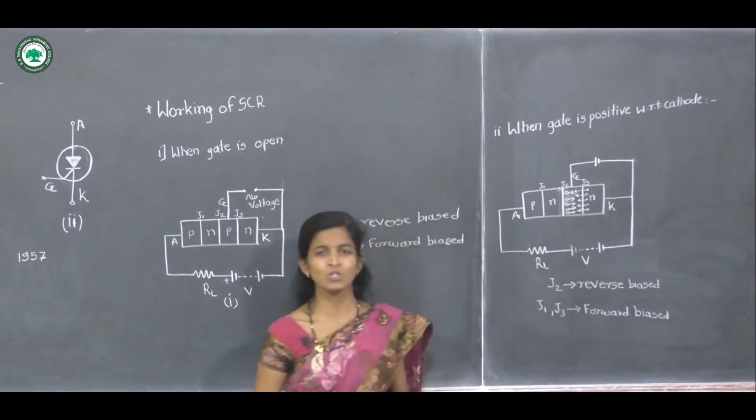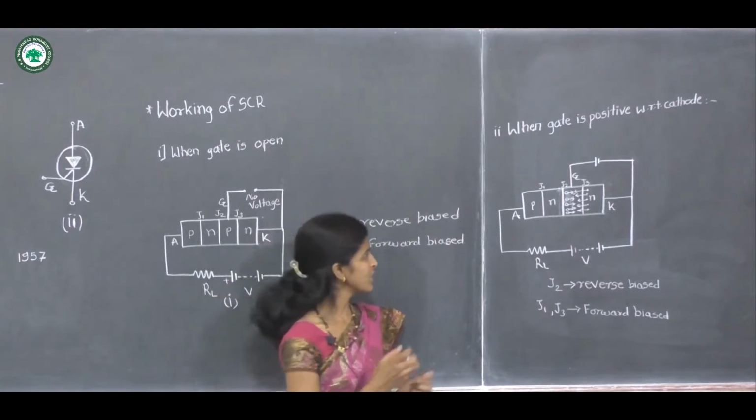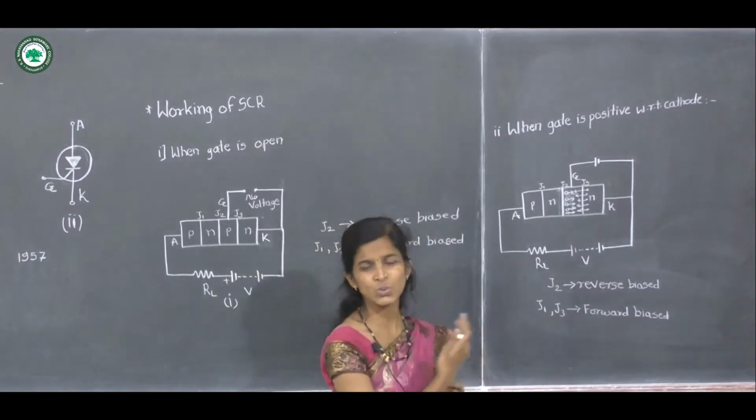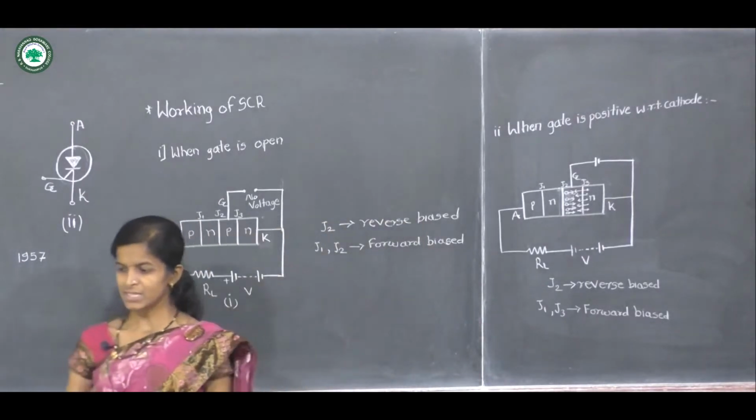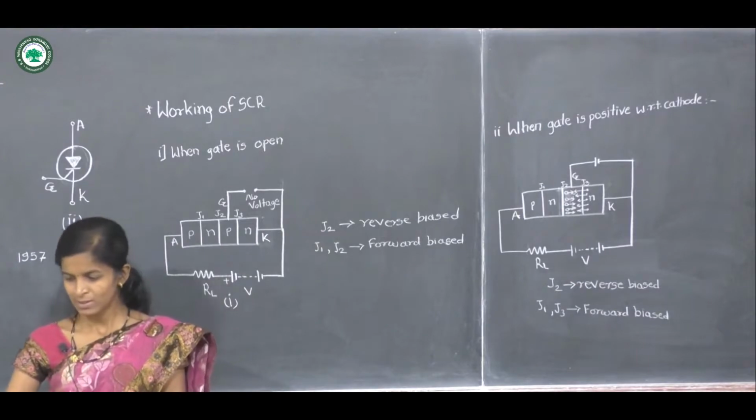And due to the motion of these electrons towards the left and holes towards the right, again junction J2 breaks down.